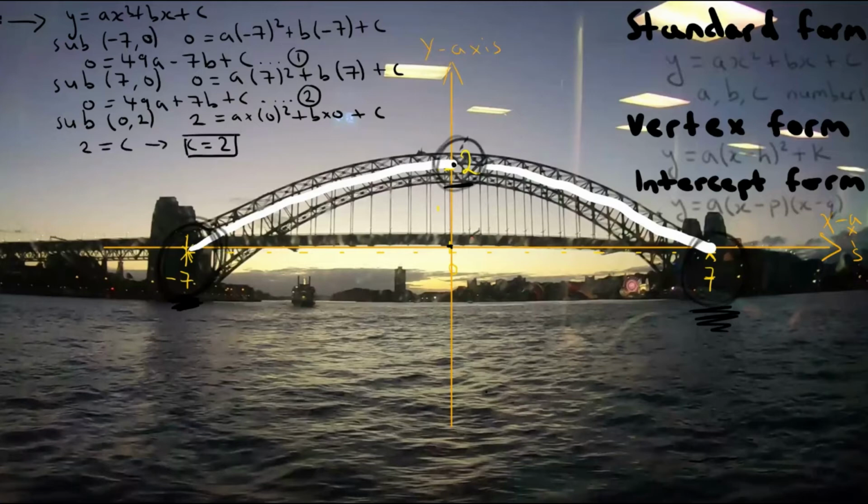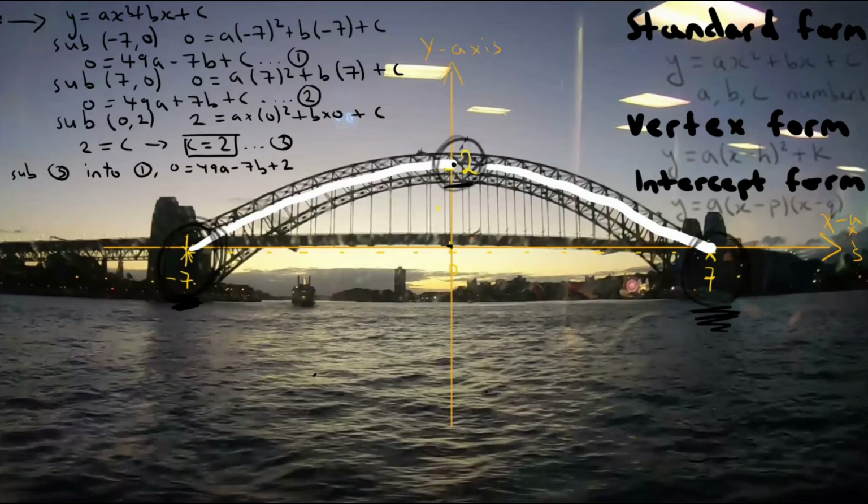Now that we know c is equal to 2, we want to substitute c is equal to 2 into, that's equation 3, so we're going to say sub 3 into 1. So doing that, we get 0 is equal to 49a minus 7b plus 2.